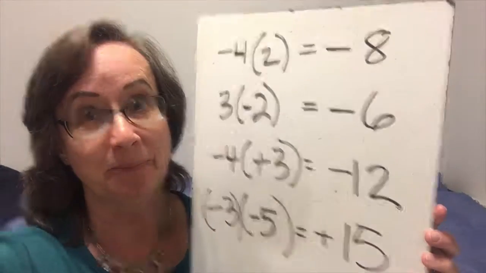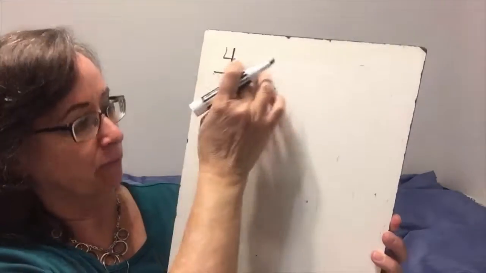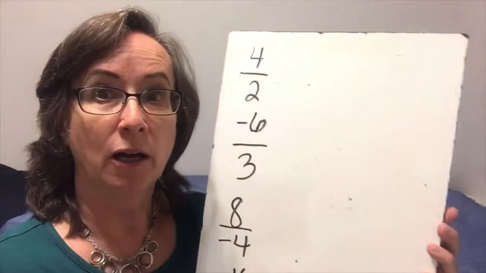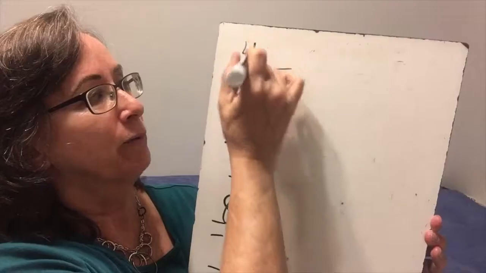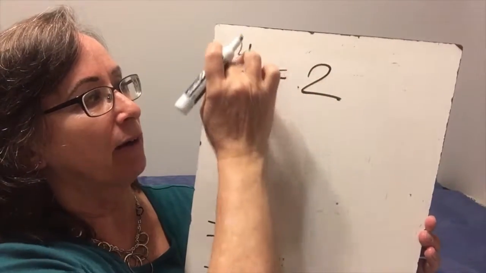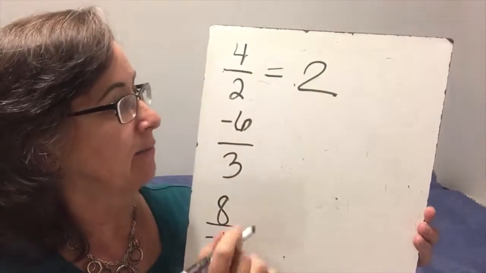Pretty simple. Okay, so here we have 1, 2, 3, 4 quotients that we need to find because we're dividing. So 4 divided by 2 is 2, and they are the same sign, so it is positive.